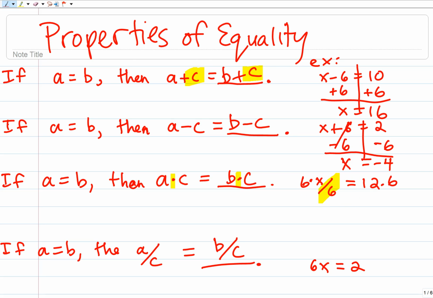What do they do? They don't just disappear. You say, what is 6 divided by 6? 1, and that's what we wanted, was 1x. Every single one of these answers is 1x. That's our goal, right? And you can write the 1x. It doesn't hurt my feelings, but we don't need to, okay? So we would now just write that as x is equal to 12 times 6.